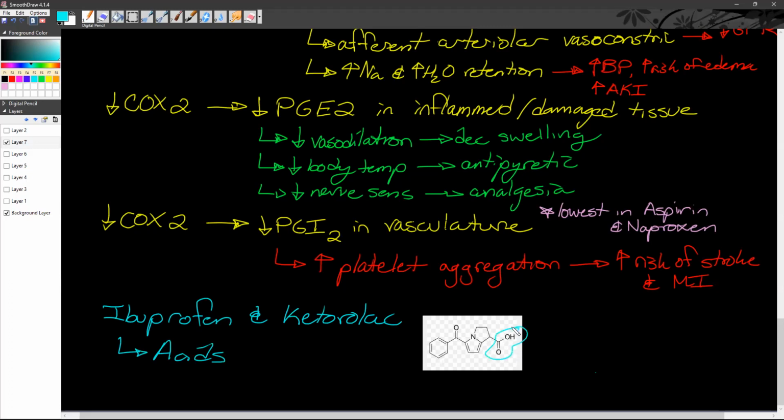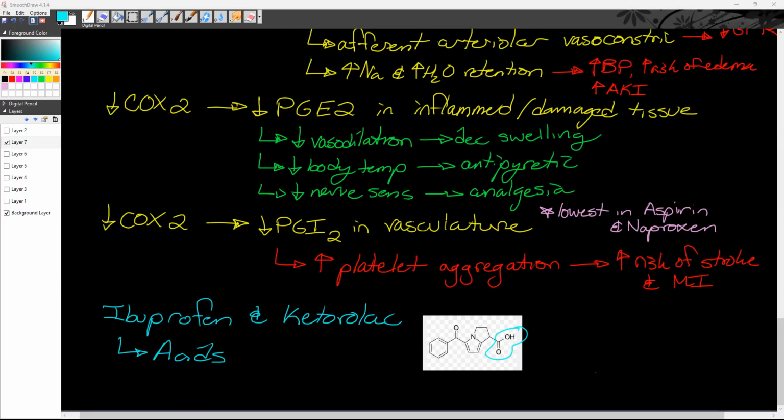They have a carboxylic acid moiety in them already. Now, a lot of our NSAIDs have them specifically. If you look at a lot of the different structures, which we'll take a look at more specifically when we go through MedChem, a lot of them have carboxylic acids, but specifically ibuprofen and ketorolac are pretty potent, pretty acidic drugs. And so ibuprofen and ketorolac are really, really bad in terms of GI ulcers and stuff like that. Can really mess people up. Not good.